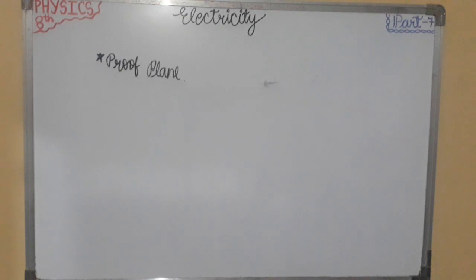Substances are classified into conductors, insulators and semiconductors based on the flow of charges through them. So first, conductors. These substances allow electric charges to flow through them. The reason is that they have a large number of free electrons.